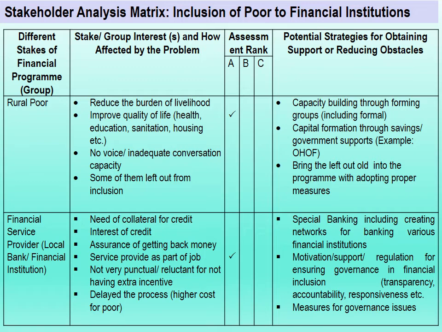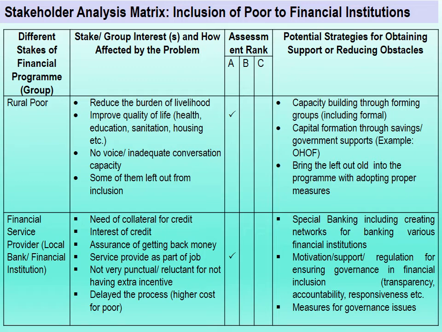We have a very good example for that: to bring the poor under the program and reduce their burden of poverty, and bring the left out into the program, adopting proper measures. A few more points may come here if you go through it and analyze more. This is just to give you an example.